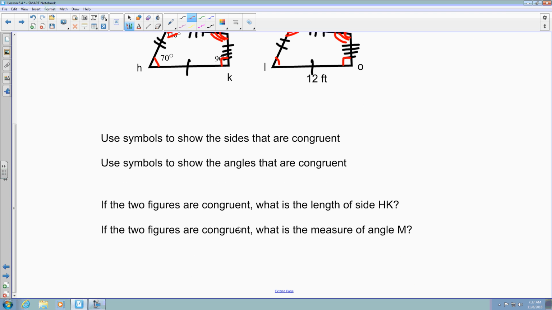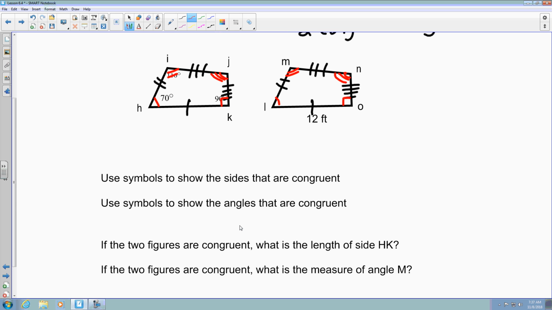And so they basically have some questions here. If two figures are congruent, what is the length of HK? So HK is right here. We know that the corresponding side is LO, and they're telling you that it's 12 feet, so it's also 12 feet. The other question they ask is if the two figures are congruent, what is the angle measure of M?